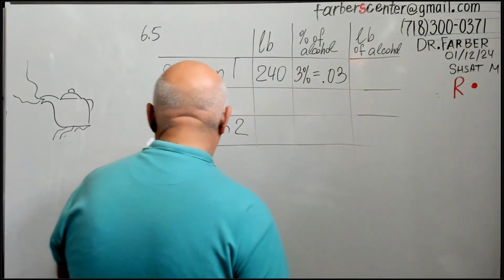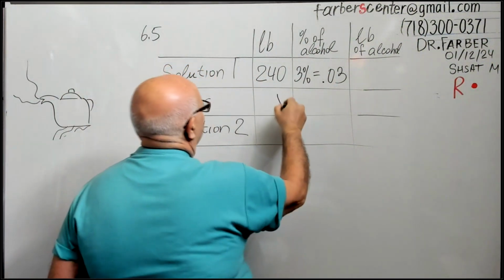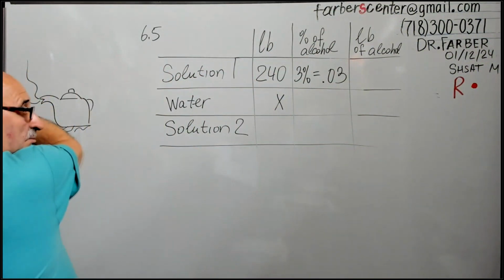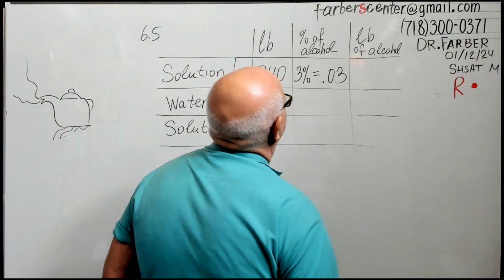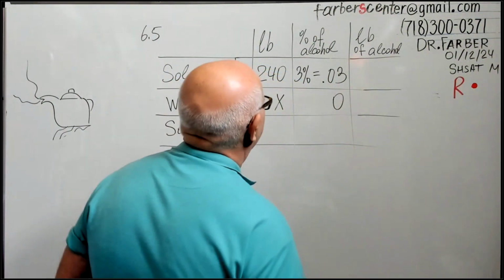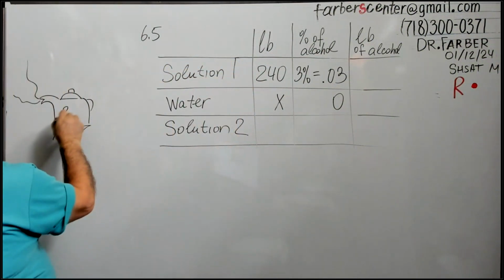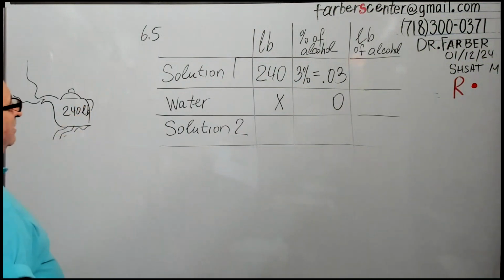And part of this water, I don't know how much water evaporates, let's say X pounds, goes with this steam, right? And water does not have any alcohol, right? But keep in mind, pretend in this we have 240 pounds, a gigantic tea kettle.